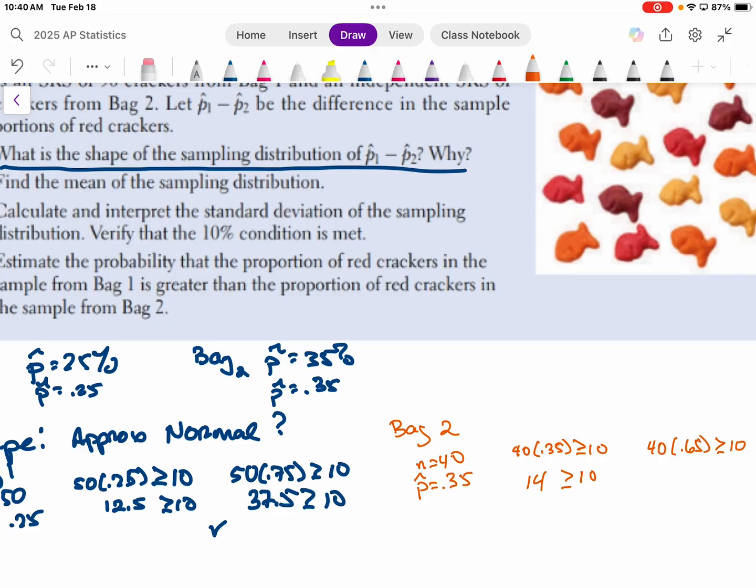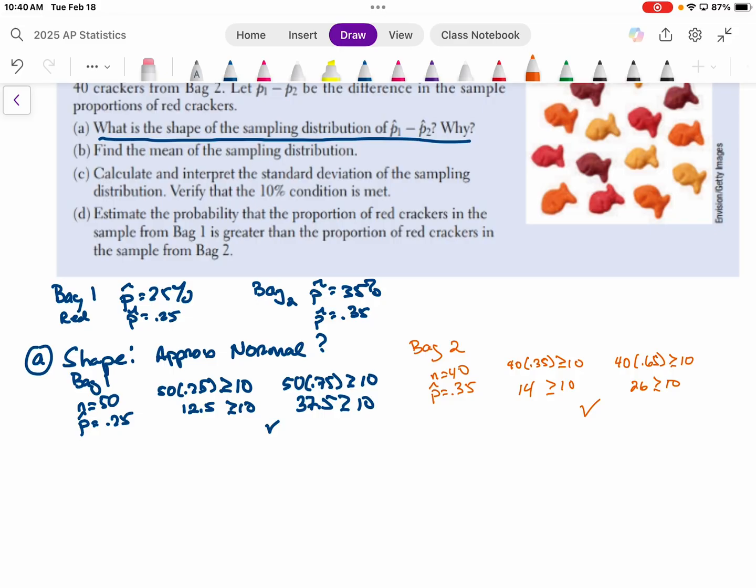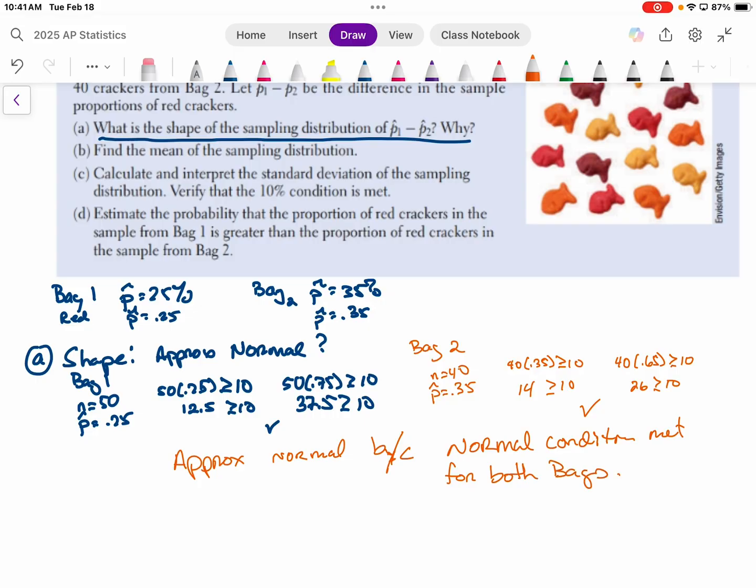That would give us 26. All right, so we can say it is approximately normal because the normal condition is met for both bags. So we can say the shape is approximately normal.